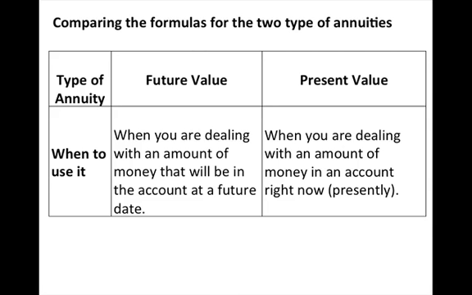With the present value annuity, I'm dealing with an amount of money in an account right now. And I'm going to take that money and I'm going to withdraw from it over a certain number of years. So if it's an account that I'm building, that's a future value annuity. If it's an account that I have set up right now that I'm withdrawing from, that's a present value annuity.